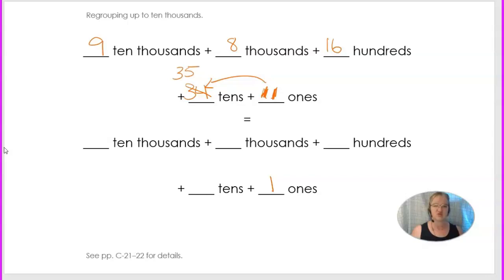This way we don't have to rewrite them every time like we did on the last slide. But wait, now we have 2 digits in the tens place and we can't do that. So we know that 30 tens actually means 300s. So we're going to move that up to here, and 1600s plus 300s is going to be 1900s. And we're going to be left with 5 tens here.